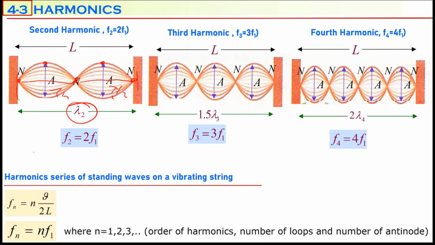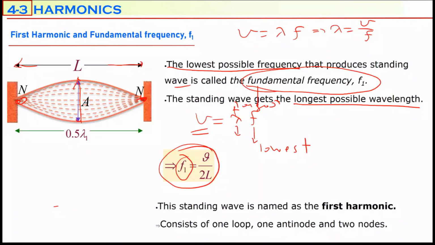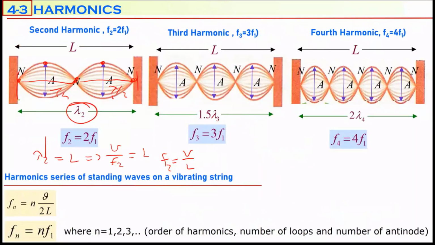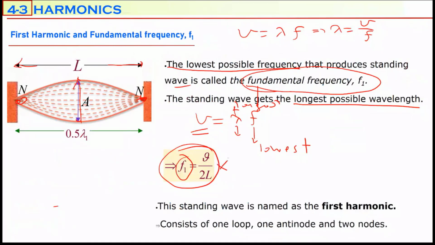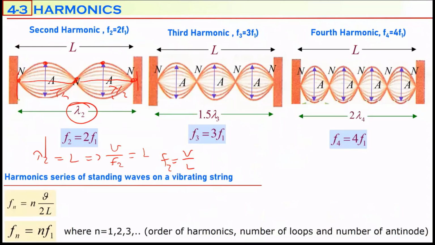If lambda 2 is equal to the length, instead of lambda 2, just write V over f2, which is equal to L. So f2 is going to be V over L. So f2 is equal to V over L. What about f1? V over 2L. So as you see, you multiplied f1 by 2. If you multiply this by 2, you will get V over L. So that's why the second harmonic will have a frequency twice that of the first harmonic.